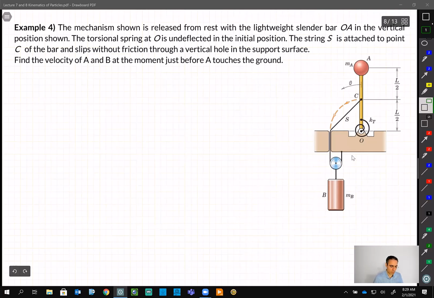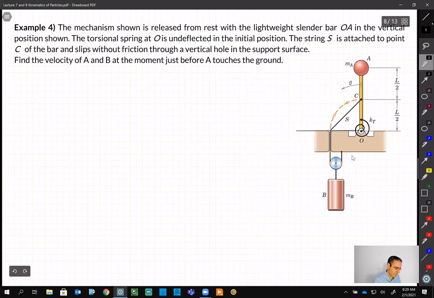And we want to know, when these things come down, let's say everything comes down here, basically the speed of A just before it touches the ground, because the moment it touches the ground, things become complicated. There are forces from the ground.